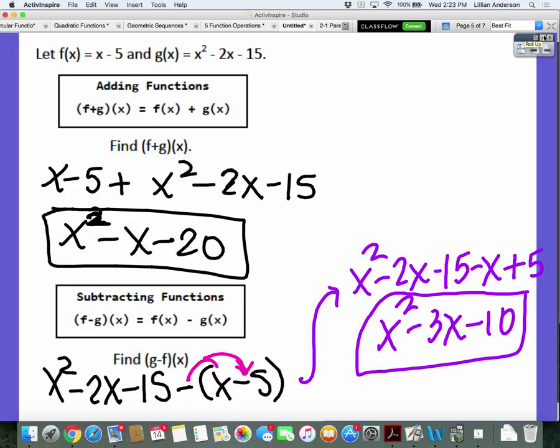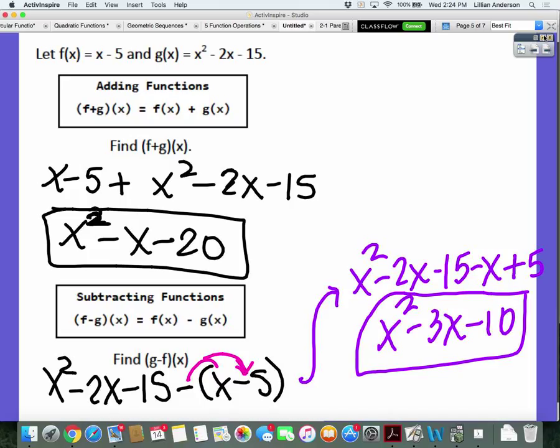What is the domain of the sum of these two functions? What's the domain of this? All real numbers. If it's an x squared, what type of function is this? Parabola.